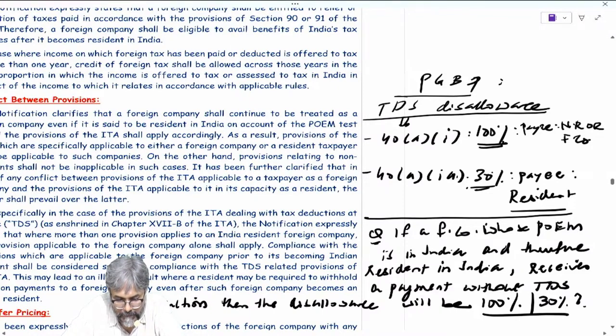What is your take, students, on this? Will the disallowance be 100 or 30%? Quickly! Now this is a conflict, because 40A(i) refers to both non-resident as well as foreign company, and 40A(ia) is referring only to whom?